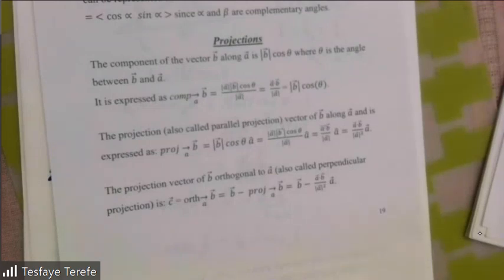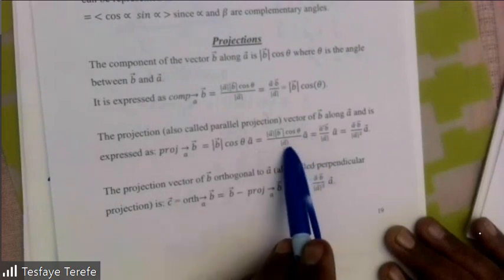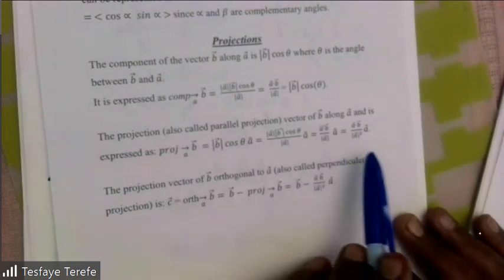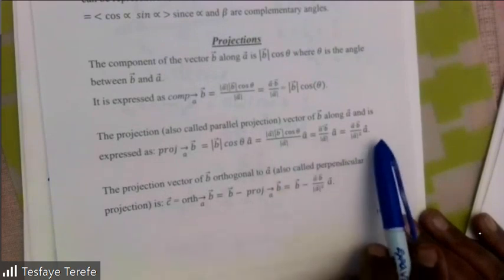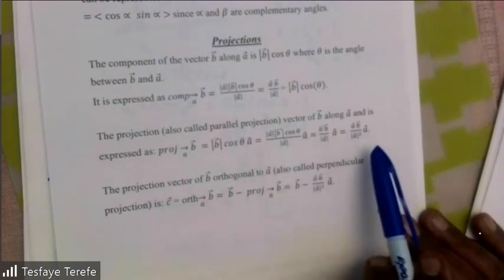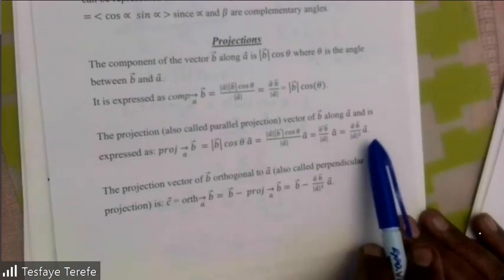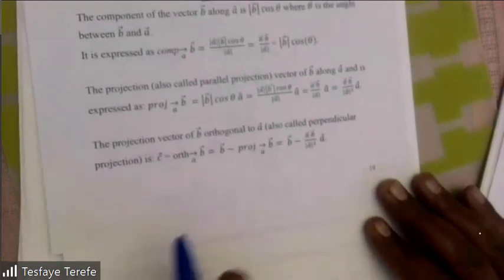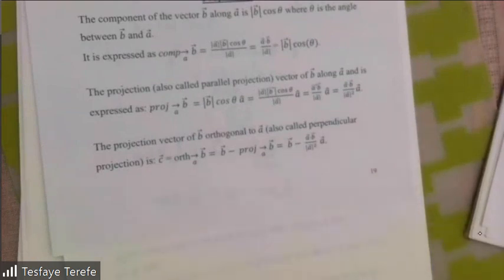So how do I get the unit vector? A unit vector is any vector A divided by its norm. That is why A dot B over norm of A squared multiplied by A is the projection, and the orthogonal is going to be vector B minus the projection of B on A. And that is what you have done.